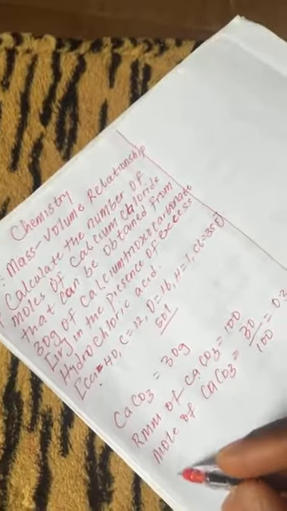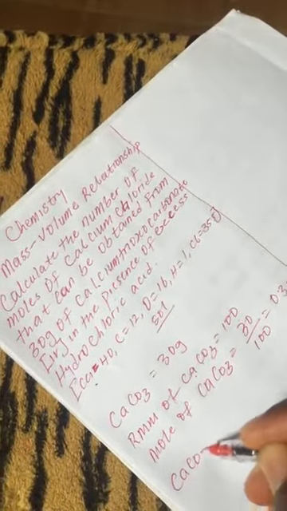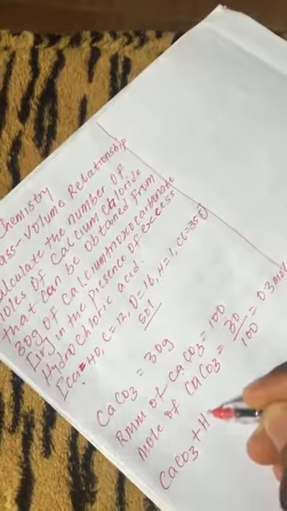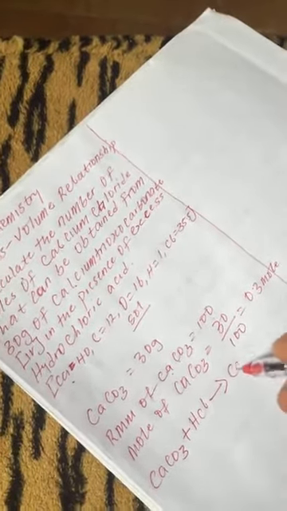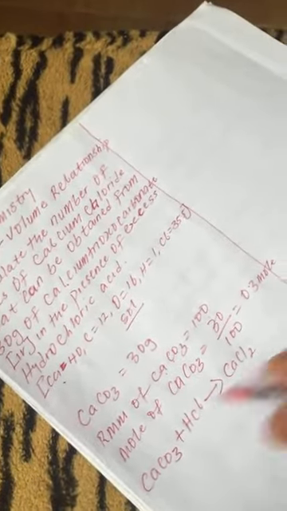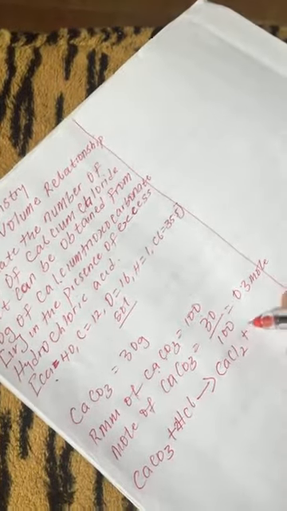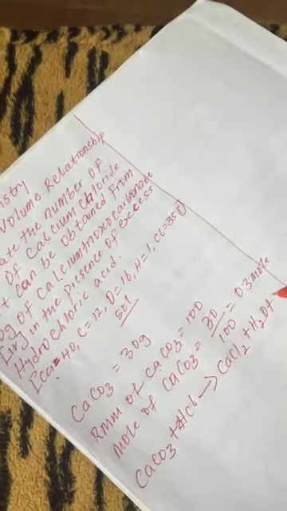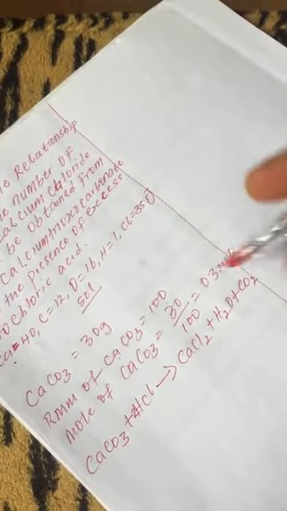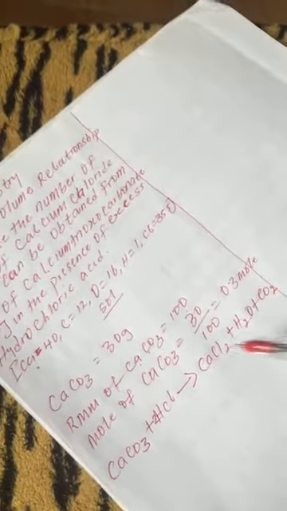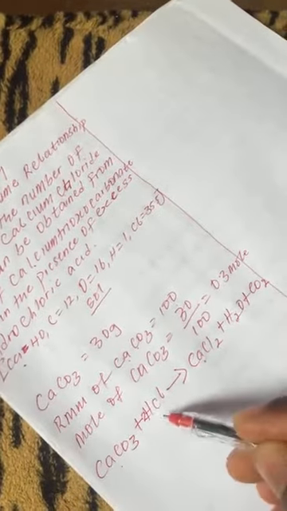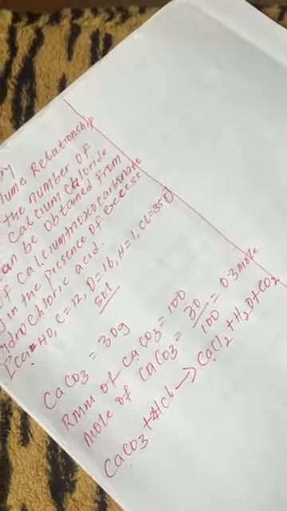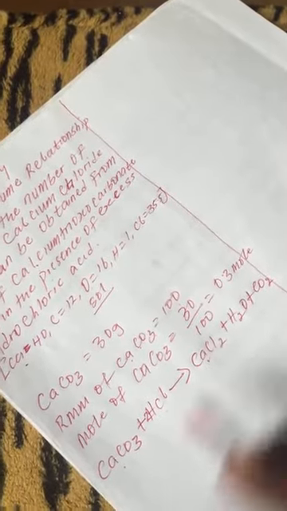We have calcium trioxocarbonate(IV) reacting with excess hydrochloric acid, and of course we are going to have calcium chloride, water, and carbon(IV) oxide. If you check, our equation is well balanced.